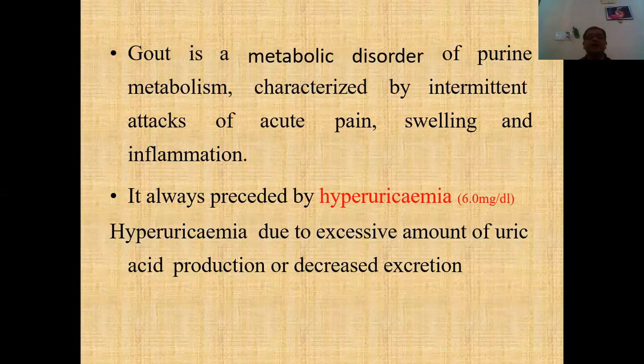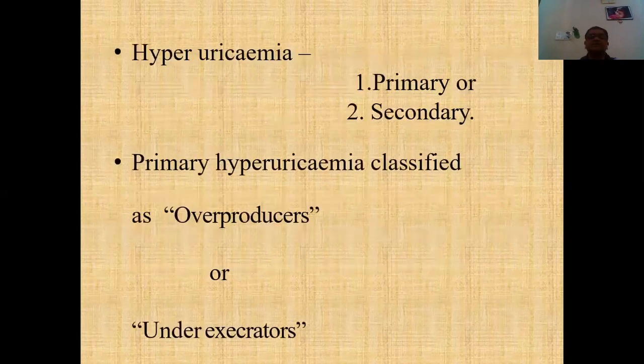Hyperuricemia is due to excess production of uric acid as well as decreased excretion of uric acid, meaning uric acid is deposited in our body, mostly in the joints, and that leads to pain as well as inflammation in the joint. That is your gout condition or arthritis condition.